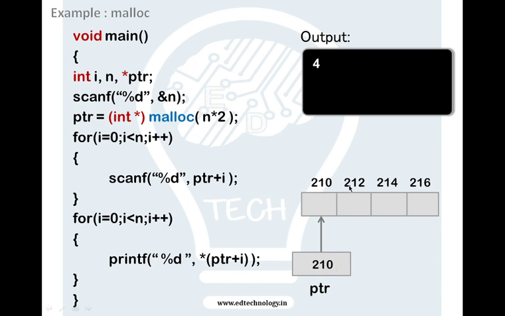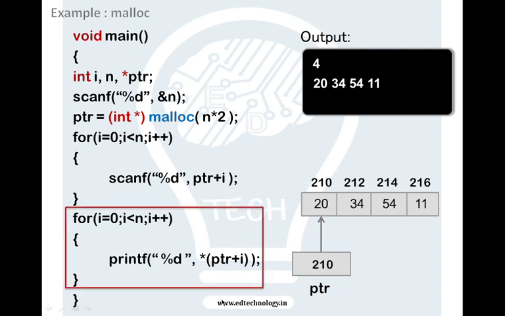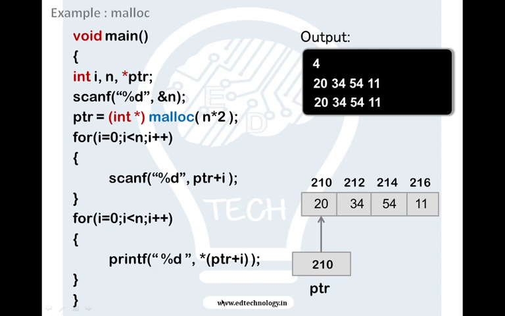So the next byte address is 212, 214 and 216. And if I am inserting the values based on the scanf, as in the 4, this 20, 34, 54 and 11, then it will be stored as this. When the code comes to the printf, which is this part, it will display what I have stored in the value, which is again 20, 34, 54 and 11.